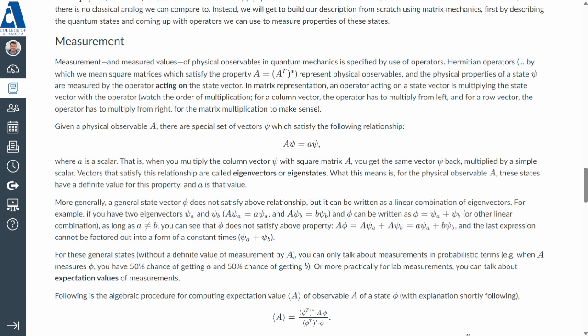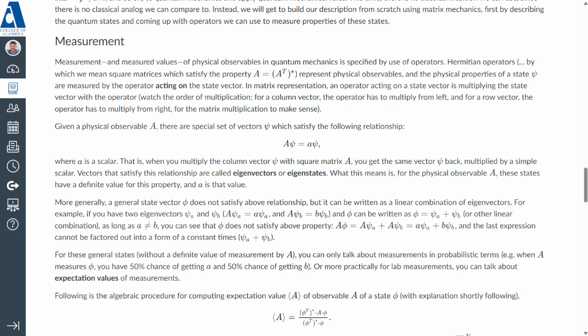That is, when you multiply the column vector psi with the square matrix A, you get the same vector psi back, multiplied by a simple scalar. Vectors that satisfy this relationship are called eigenvectors or eigenstates. What this means is, for the physical observable A, these states have a definite value for this property, and a is that value.